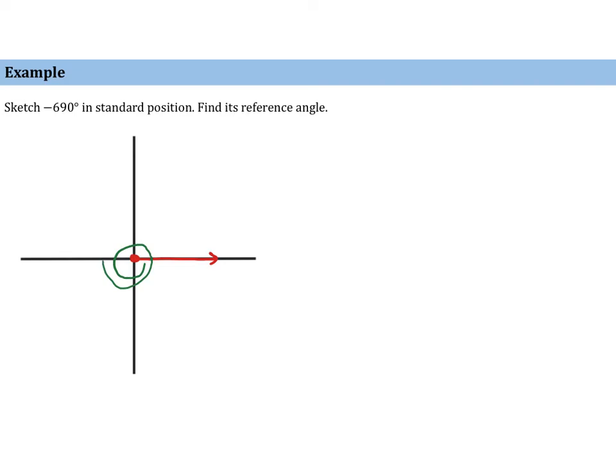This is now 540 degrees. Plus 90, that's 630 degrees. And that means that I need another 60 degrees.